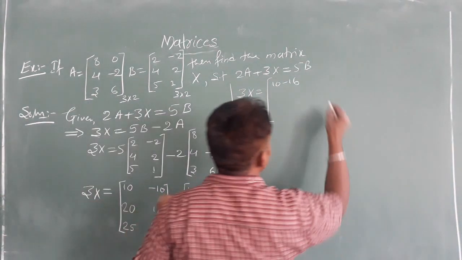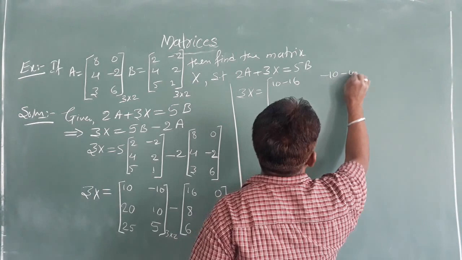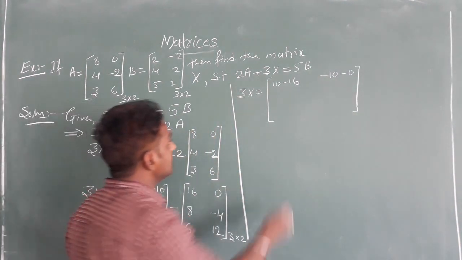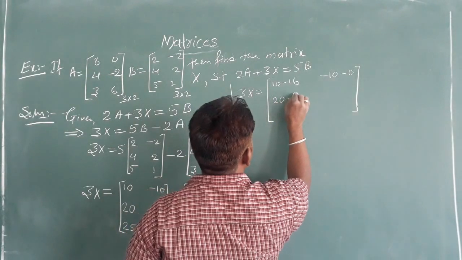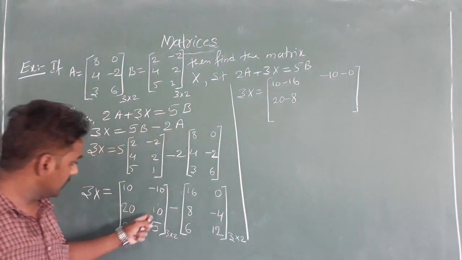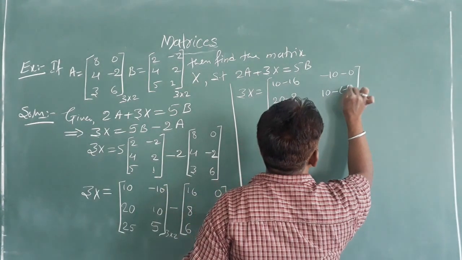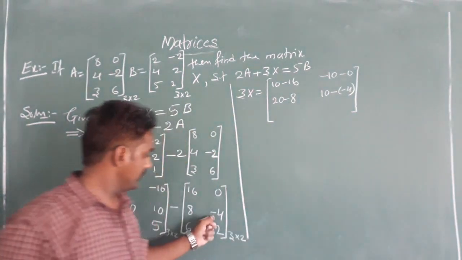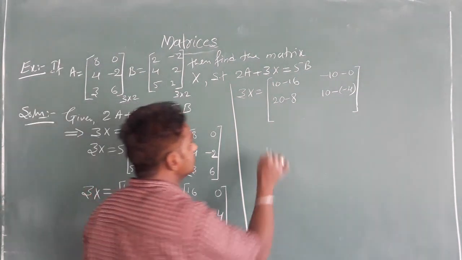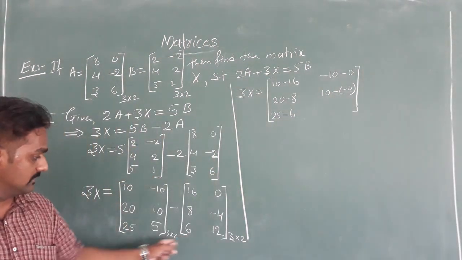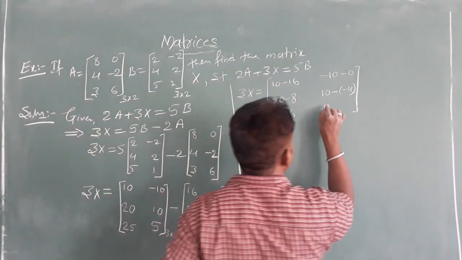Next, minus 10 minus 0. Next, 20 minus 8. Next, 10 minus of minus 4. Next, 25 minus 6. Next, 5 minus 12.